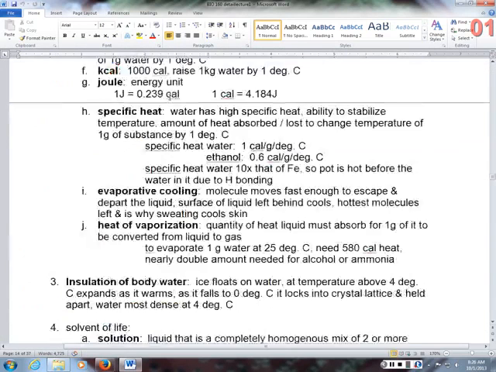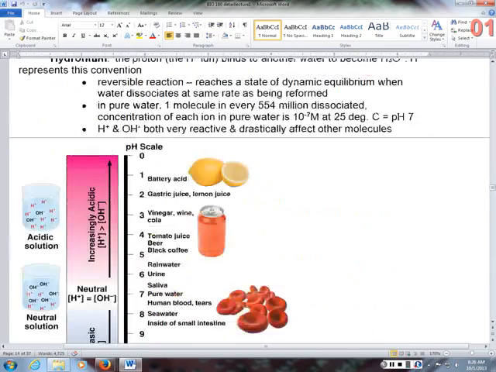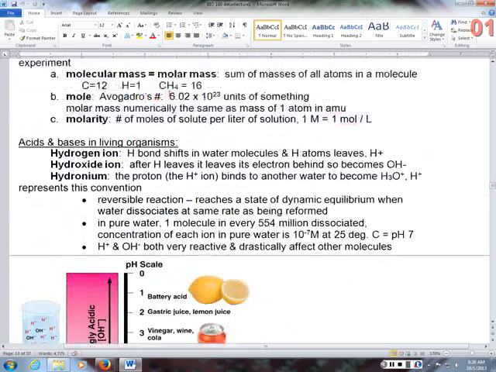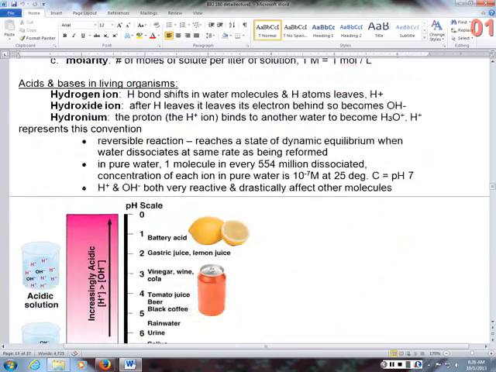Okay, so we left off on pH. So the pH is going to be important in biology. When we look at the pH, it's going to tell you whether or not something is an acid or a base. There's a couple different ways that they are defined, but one of the more common definitions is based on the amount of hydrogen ions that are available.